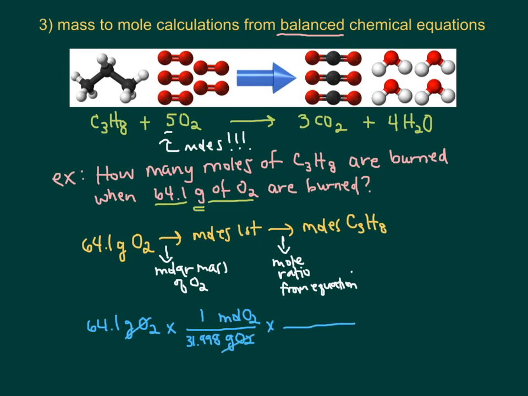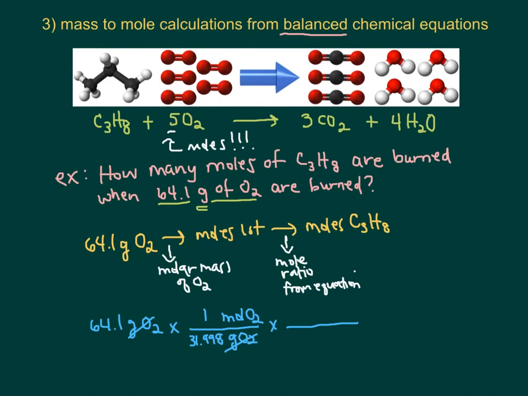Now that we have this in the same terms as our equation's written in, which is moles, then we can go ahead and use our mole ratio to determine how many moles of C3H8 we would need to react with our moles of O2.